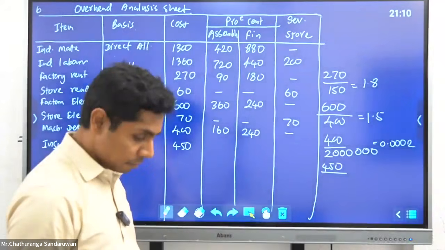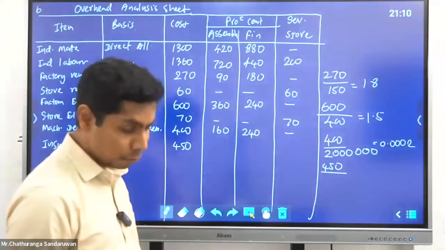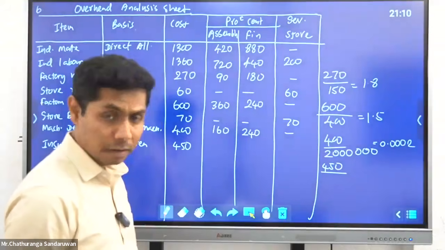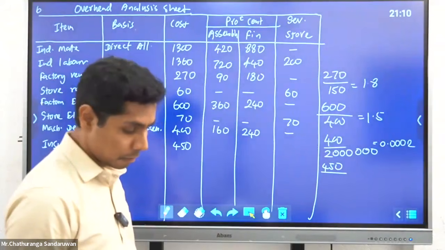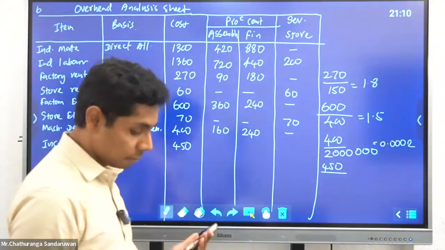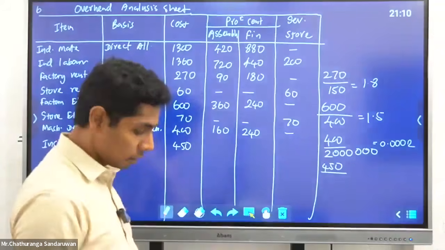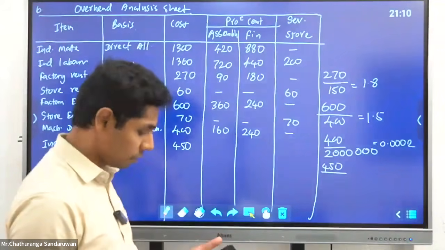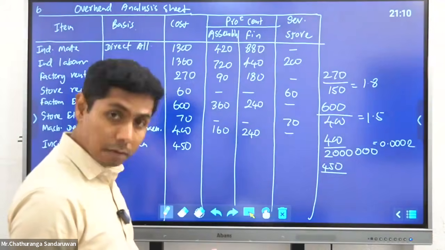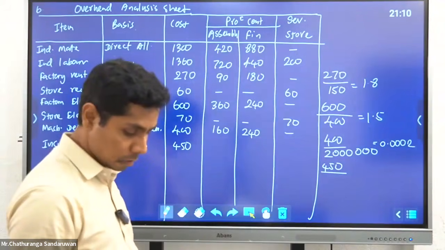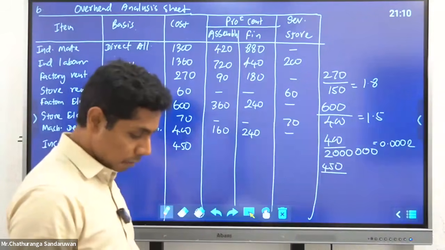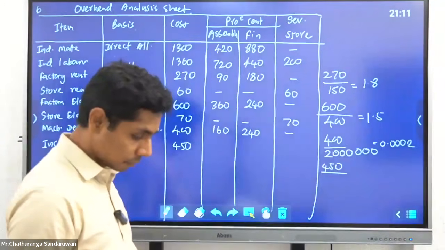So insurance expense, if you assume that is factory insurance, the appropriate allocation base would be floor area, but if you take floor area, it doesn't generate a whole number. So shall I make it specific?